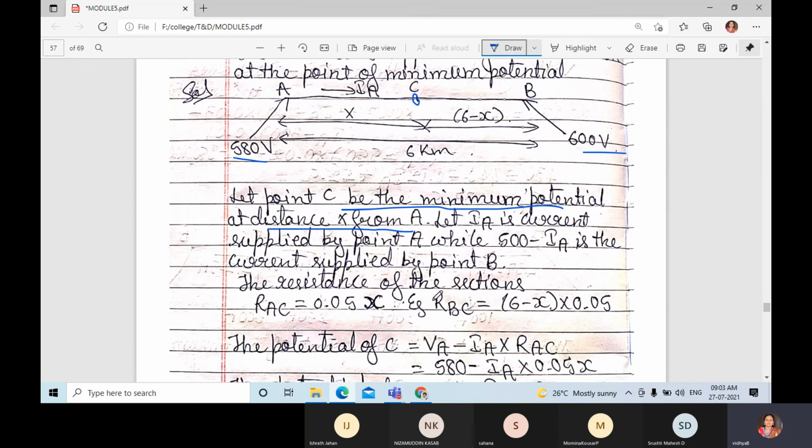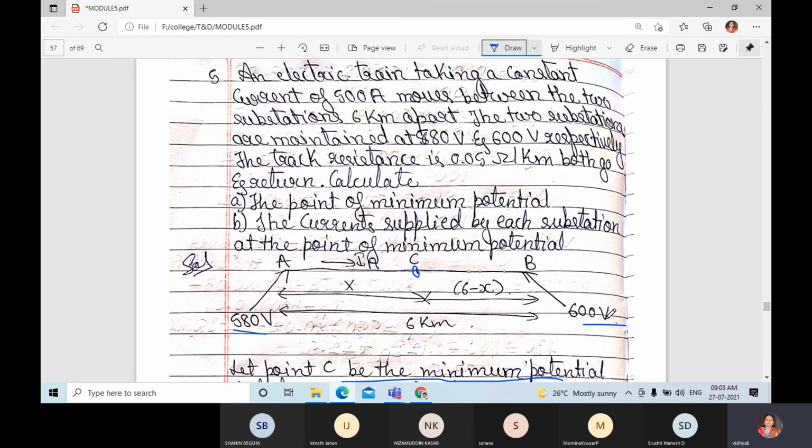So the resistance of the section RAC is equal to 0.05x and RBC is equal to (6 minus x) into 0.05. They have given the resistance 0.05.